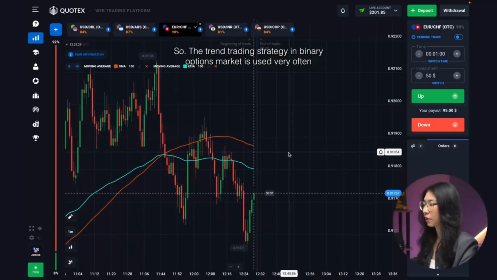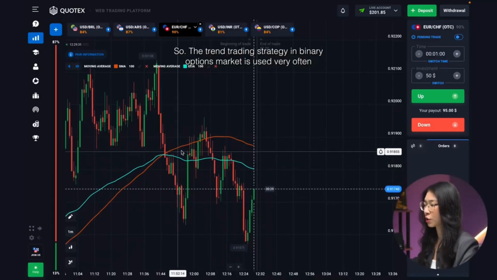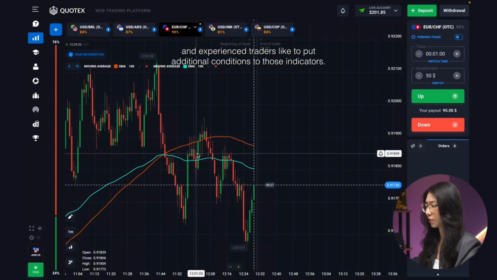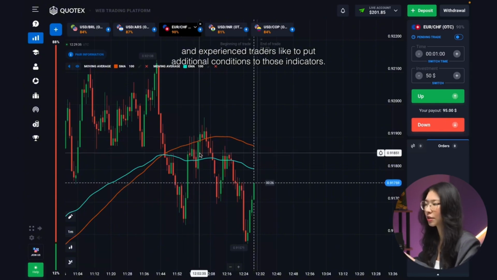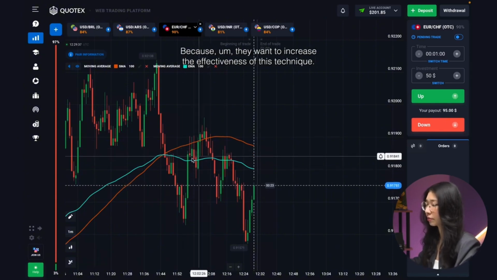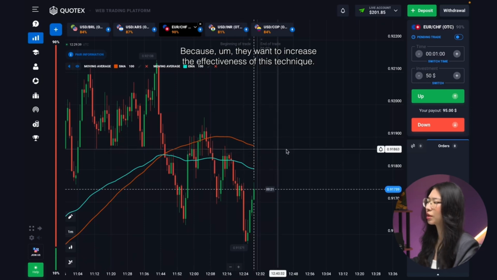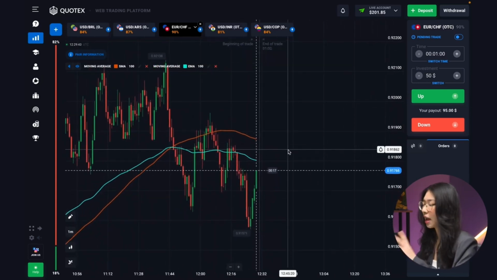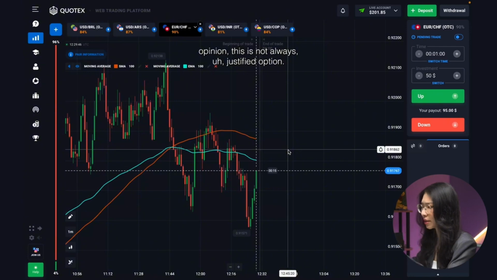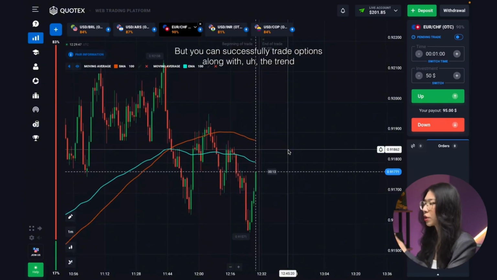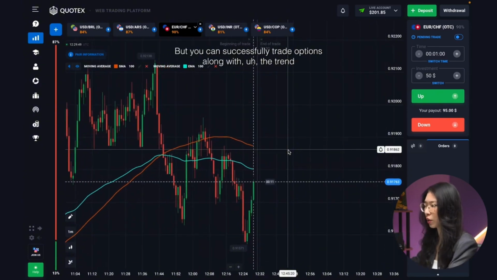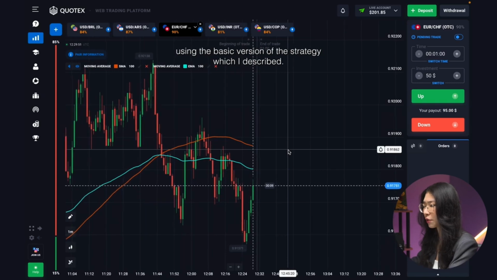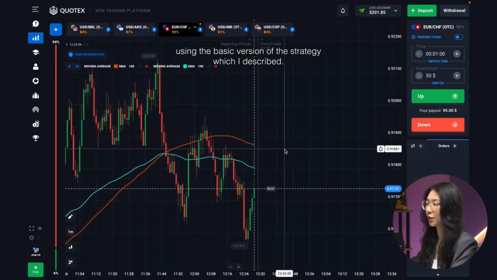The trend trading strategy in the binary options market is used very often, and experienced traders like to add additional conditions to those indicators because they want to increase the effectiveness of this technique. In my opinion, this is not always justified, but you can successfully trade options along with the trend using the basic version of the strategy which I described.